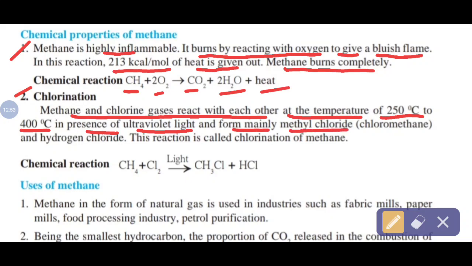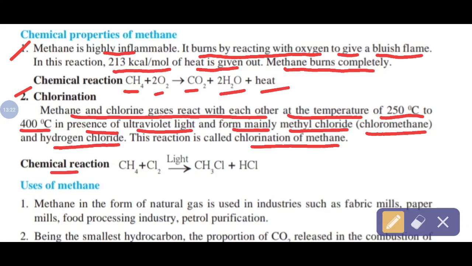Methyl chloride is the common name; its chemical name is chloromethane. The second product obtained is hydrogen chloride. This reaction is called chlorination of methane. One hydrogen of methane is replaced by one chlorine atom to form methyl chloride or chloromethane.